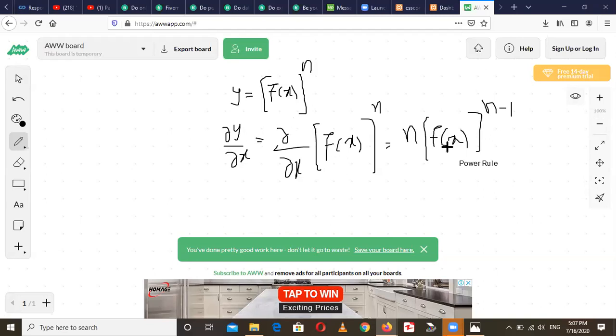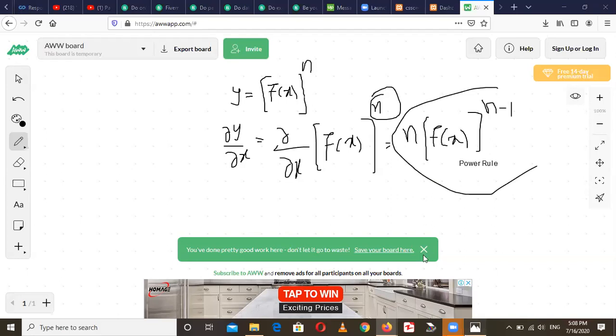According to the power rule, move this power forward and subtract 1 from the power, from the n in the power. This is called the power rule.